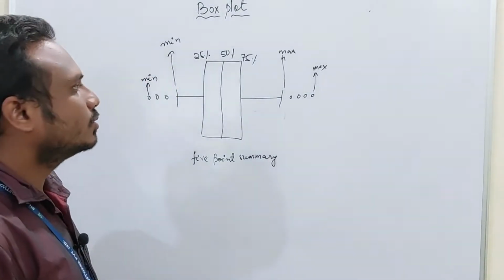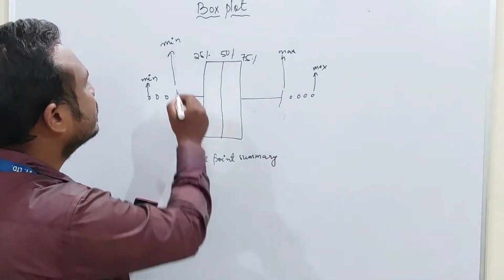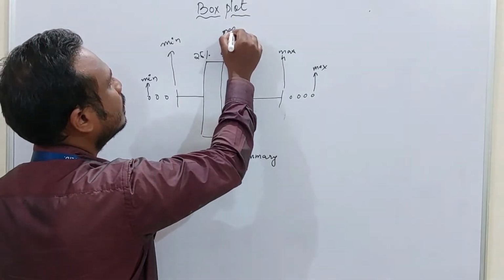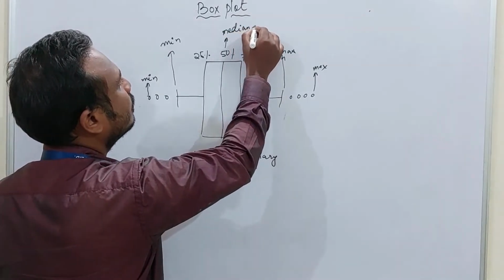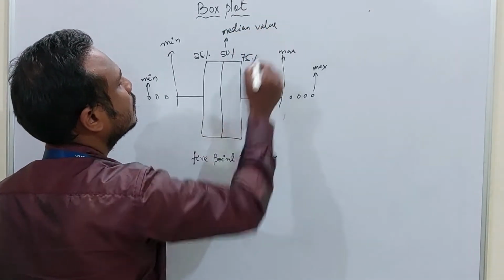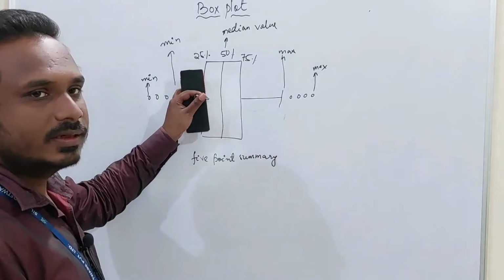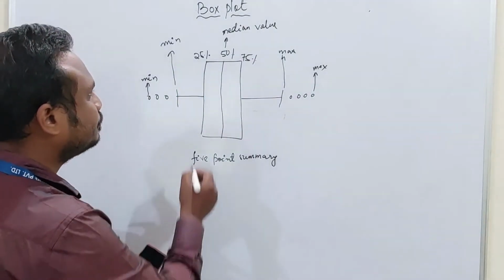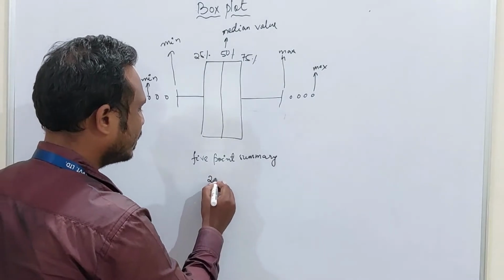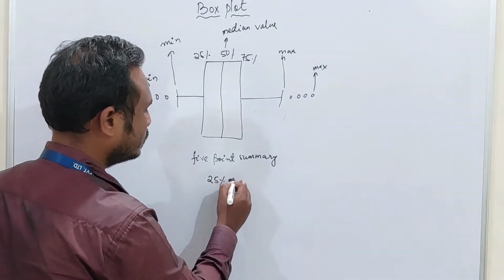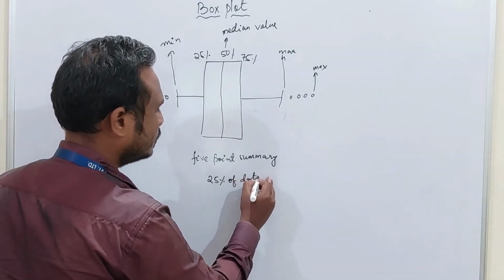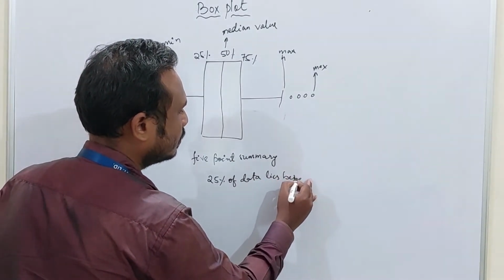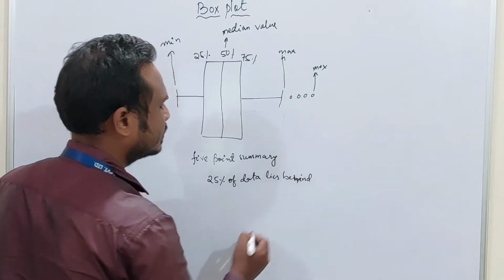Okay, so now you have known the 5-point summary, and the 50 percentile is also called the median value. So what are actually these 25 percentile, 50 percentile and 75 percentile? 25% of the data lies behind this.